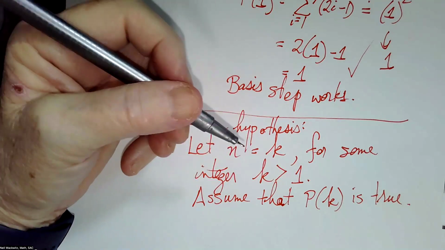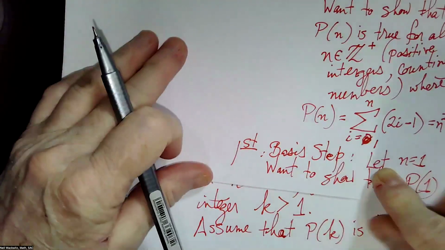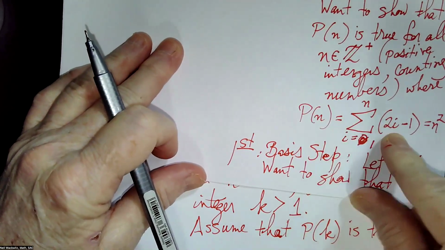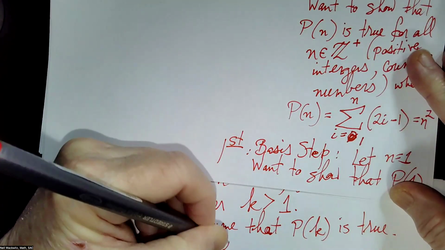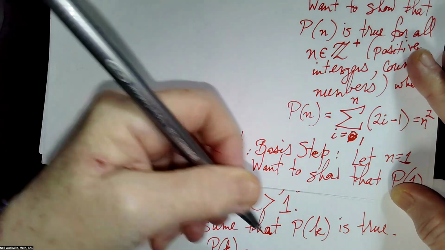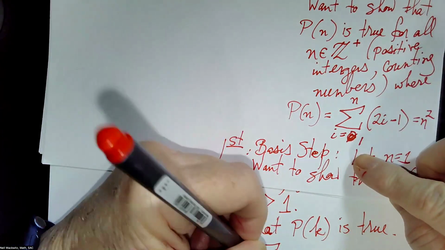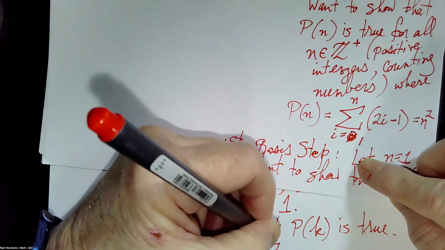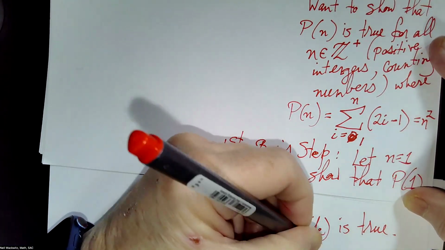P of k. I need to write it out because that's confusing to me. So P of k means I'm going to replace n's with k's. So let's see. P of k would be the sum, as i goes from 1 to k, of 2i minus 1.